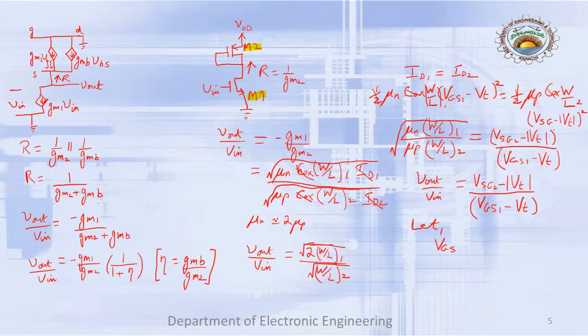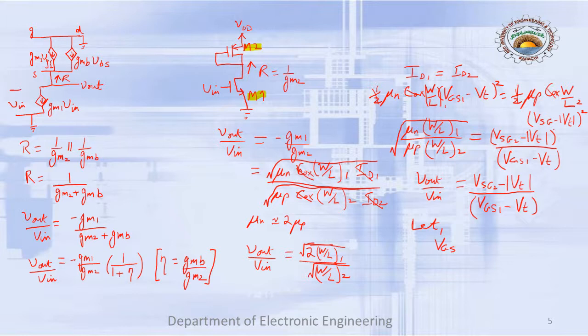So let's say the same value, we want a gain of 10. To attain a gain of 10, the ratio between these two overdrive voltages would also be 10. So VGS1 minus VT is for M1, the main transistor, and we keep VGS1 very small, so keep it deep into saturation.